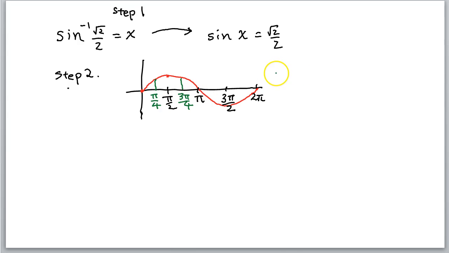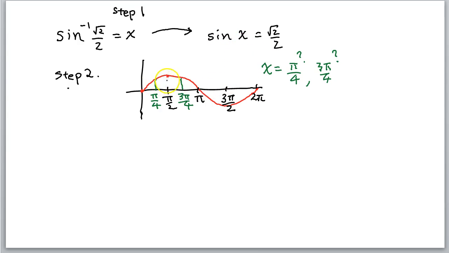Now, we figured out the angle that creates square root of 2 over 2, but we actually realized that we now have to choose between the two possible numbers. Which one should I choose? Pi over 4 or 3 pi over 4? Actually, this is the reason why you can't define the inverse function of the sine function.